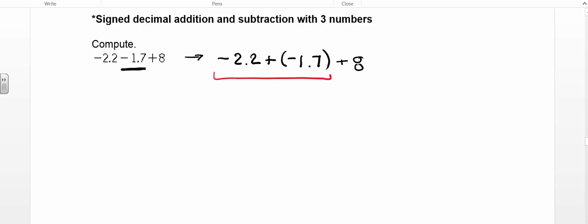So I have two negative numbers. When I'm adding two numbers that have the same sign, the sign stays with the answer. So it's going to be a negative number, and I'm simply going to take the two numbers 2.2 and 1.7, and add those two together. Now remember, with decimals, it's important that I line up the decimal points, and then I can add and bring down the decimal point where they are.